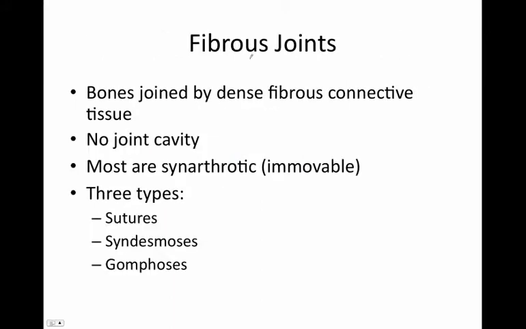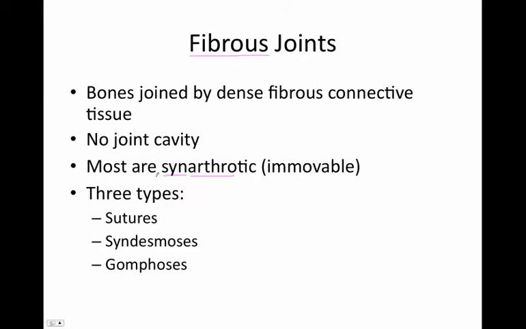So we jump in with fibrous joints, and we see that fibrous joints are bones joined by dense fibrous connective tissue, and there's no joint cavity. Most are synarthrotic, or immovable. We have that with the arthrosis, or with the joint, so that's immovable. And we have three types of these fibrous joints.